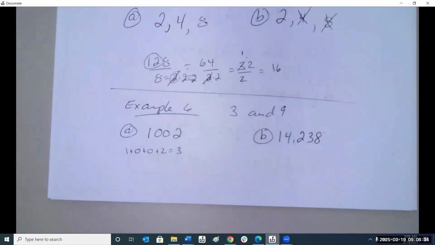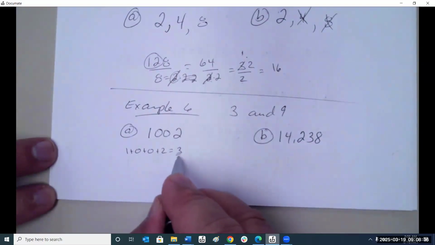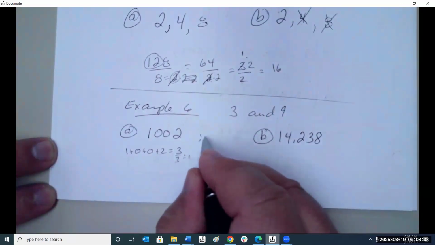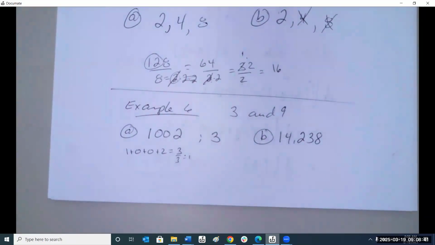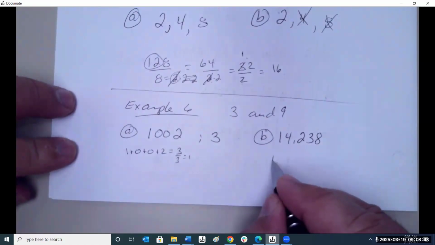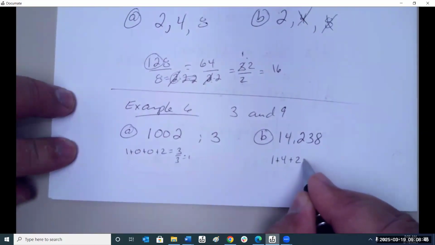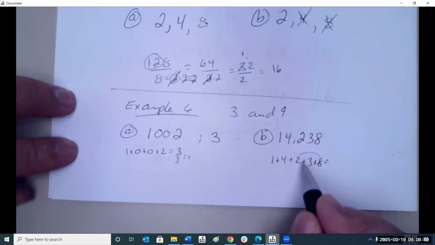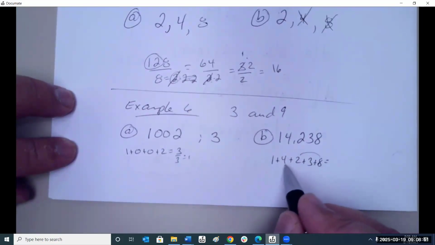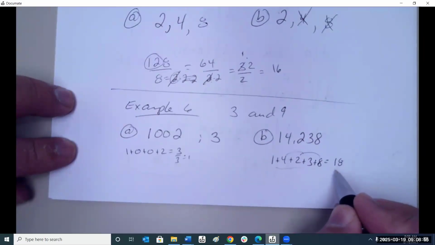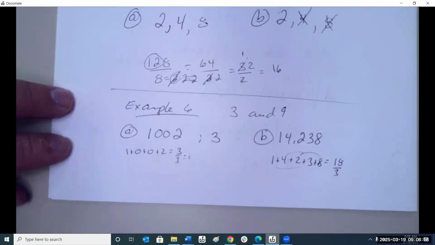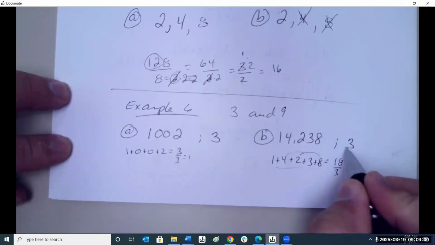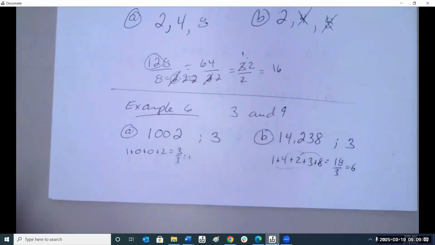Is that divisible by 3? So yes, it's divisible by 3. 1 plus 4 plus 2 plus 3 plus 8. 10 plus 4 is 14, 15, 18. Is 18 divisible by 3? Right. So this equals 6. So they're both divisible by 3.